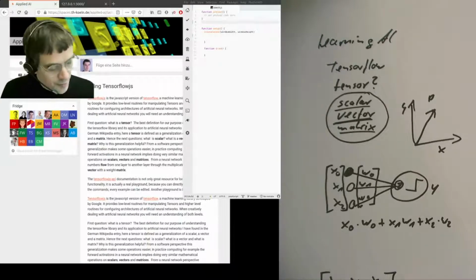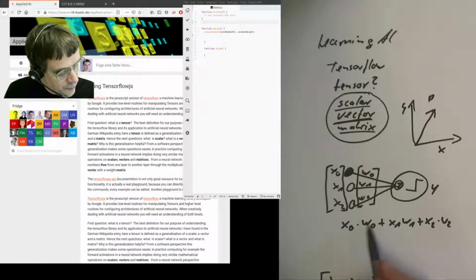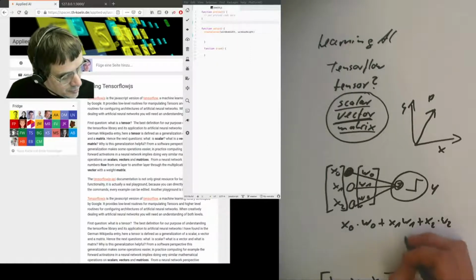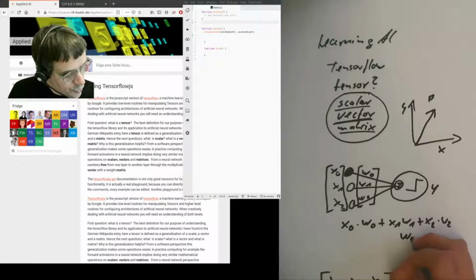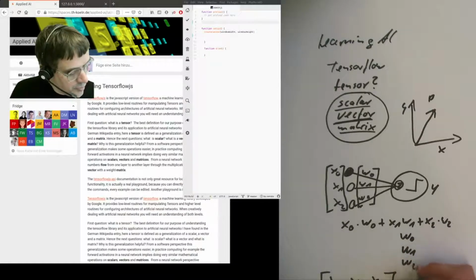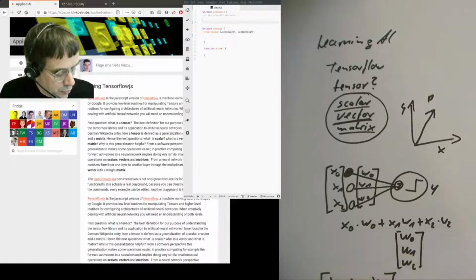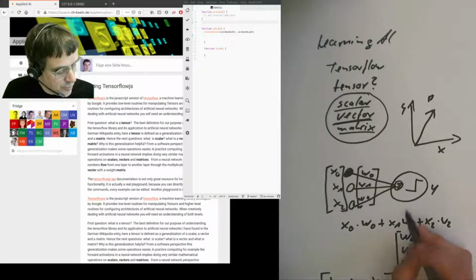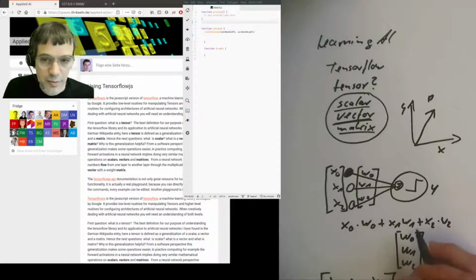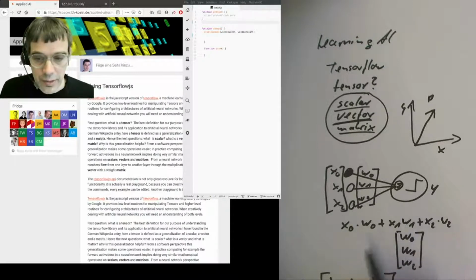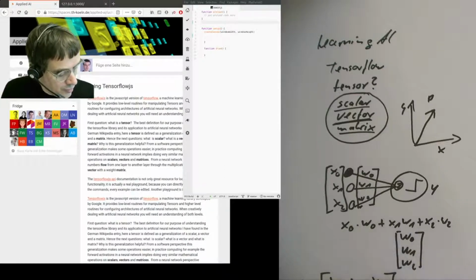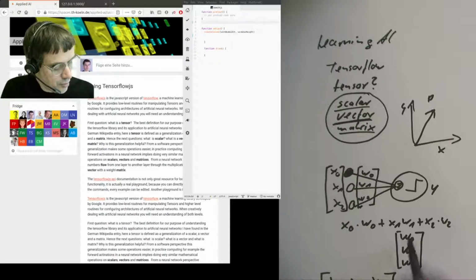And what is interesting is that if you look at this term, what actually happens is that we do what is called the dot product. If you look up the dot product on Wikipedia, you will find that it's defined as the product of 2 vectors. So that would be the first vector and that would be the second vector. The product of 2 vectors is computed by summing up the product of each corresponding element.